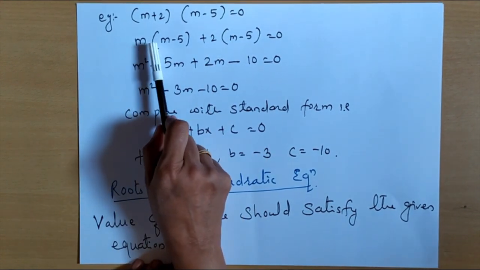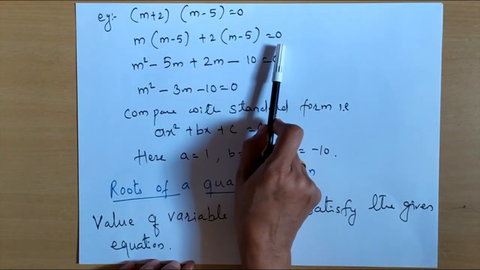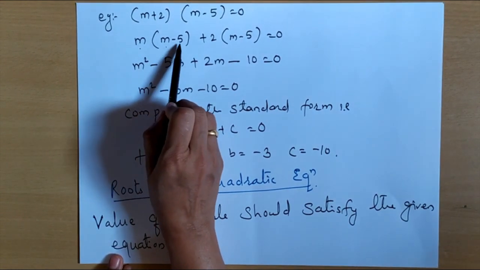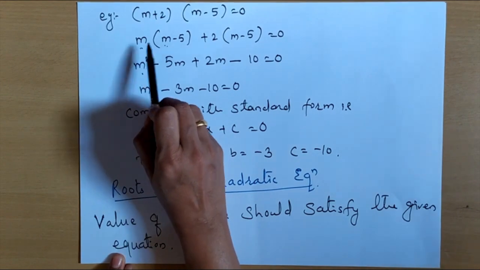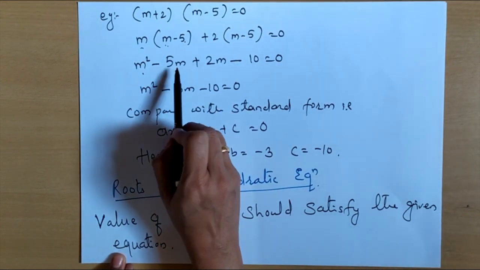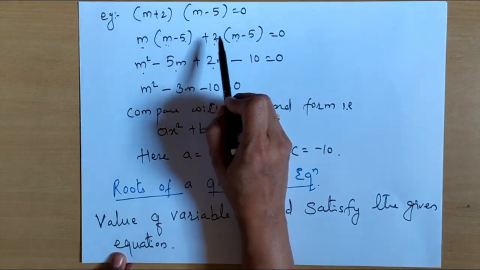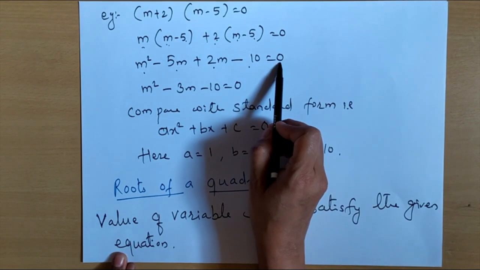So I'll get m into (m minus 5) plus 2 into (m minus 5) equal to 0. Now with this m, multiply to each term inside the bracket. m into m is m square, m into minus 5 is minus 5m, plus 2 into m is plus 2m, plus 2 into minus 5 will be minus 10 equal to 0.